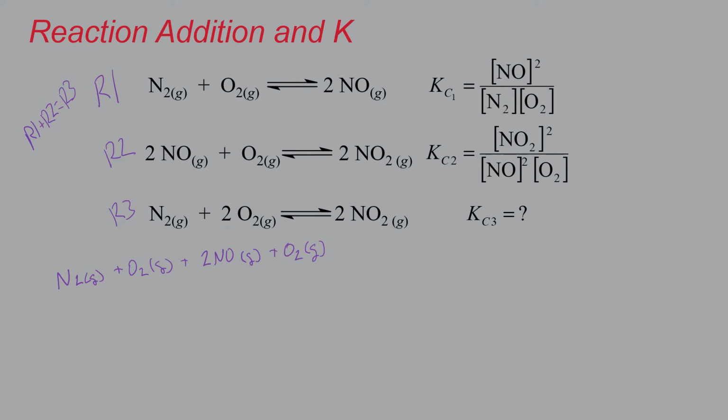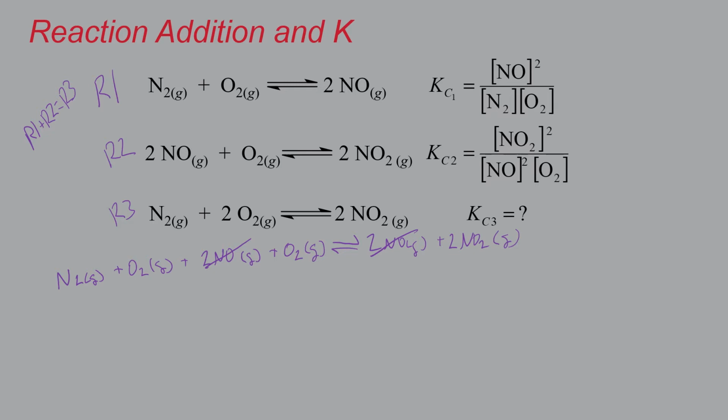I am purposely not combining the oxygens yet. And now we've got 2 NO gas as one of the products and 2 NO2 gas as the other product. If you just cancel out the nitrogen monoxides here, you can see that R3 is in fact the sum of R2 and R1.